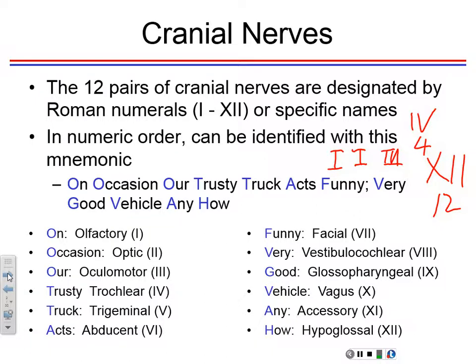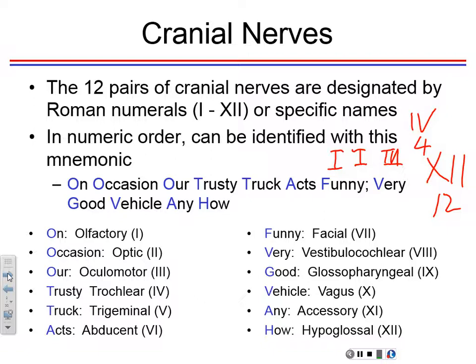Optic for sense of vision, number 2. Okay, all right. And oculomotor, and it controls muscles of the eye, number 3. Okay, trochlear, another eye muscle, number 4. Trigeminal is a big fat nerve, number 5. Okay, and then the abducens is number 6.